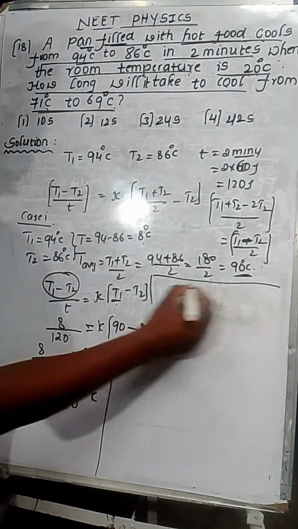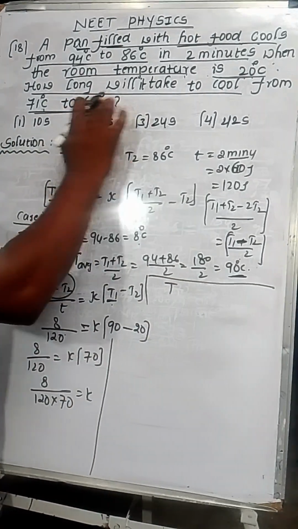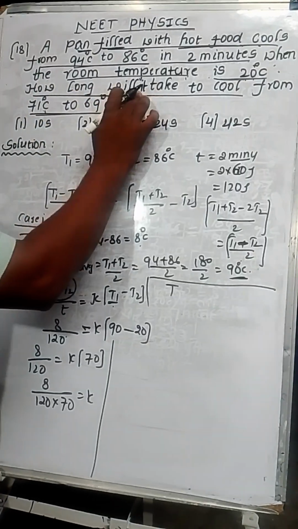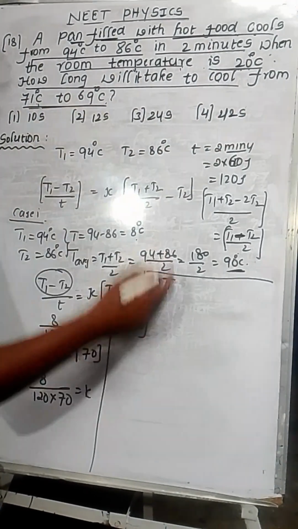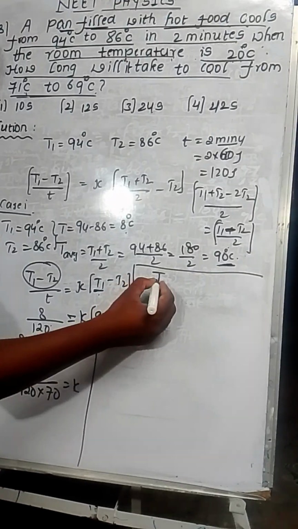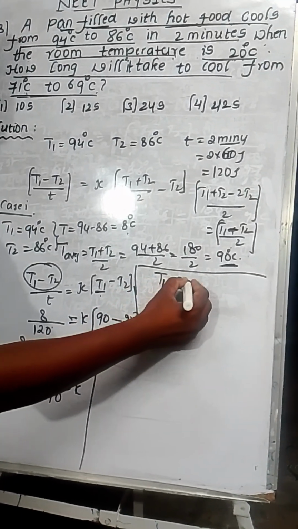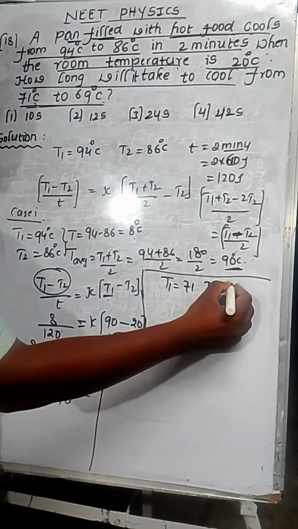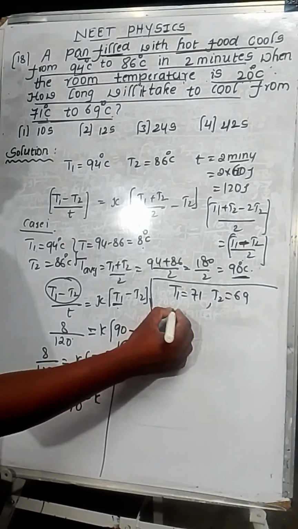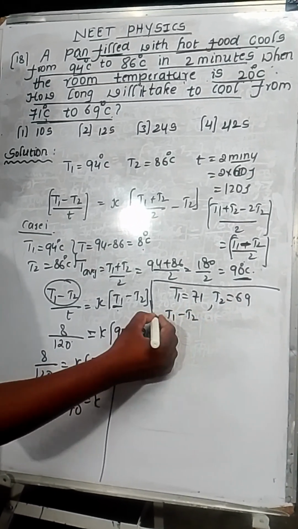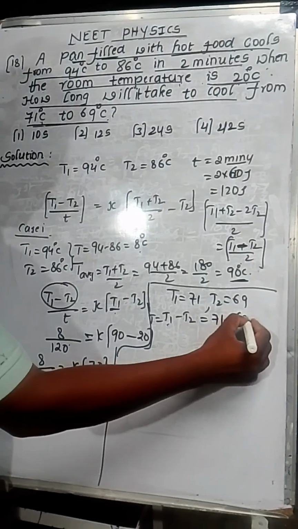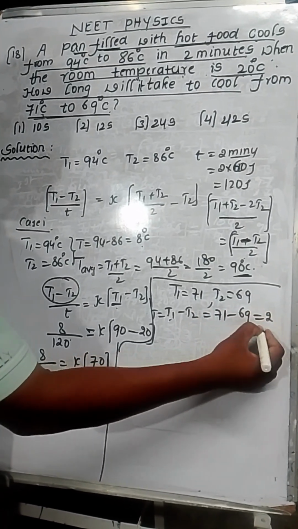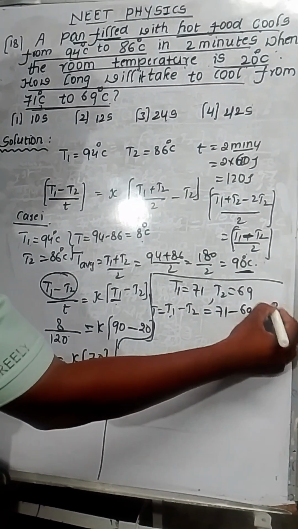Now according to the second question, the second case, how long will it take to cool from 71 degrees Celsius to 69 degrees Celsius? Again we start with T1 temperature 71 and T2 temperature 69. Once again, T1 minus T2, the change of temperature, is 71 minus 69, that is 2 degrees Celsius.